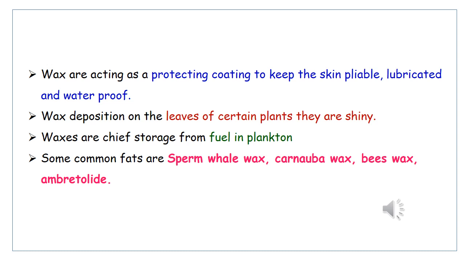Wax deposition on the leaves of certain plants makes them shiny. Waxes are the chief storage fuel in plankton. Some common waxes are sperm whale wax, carnauba wax, beeswax, and lanolin.